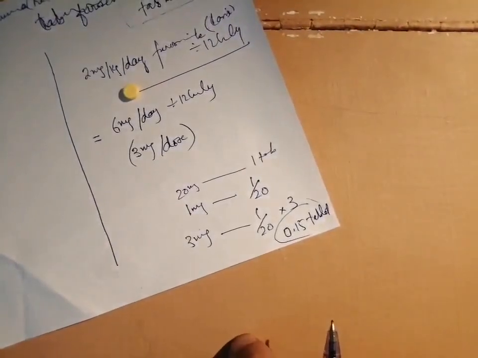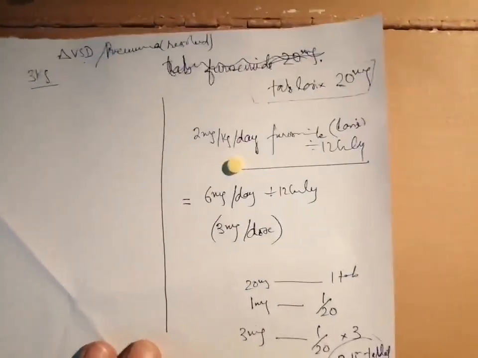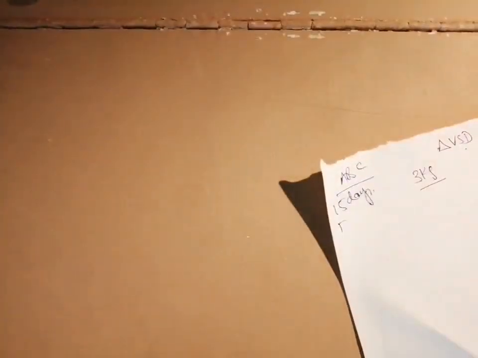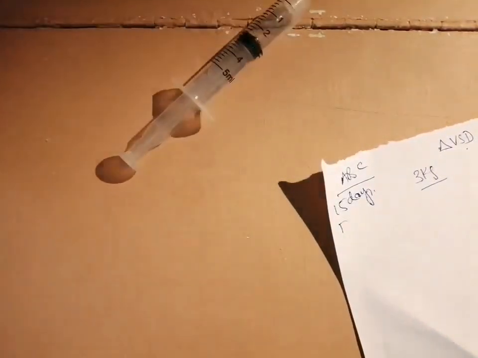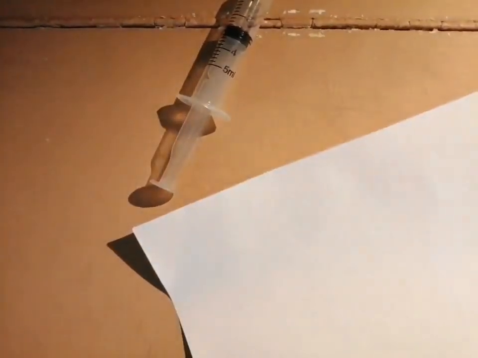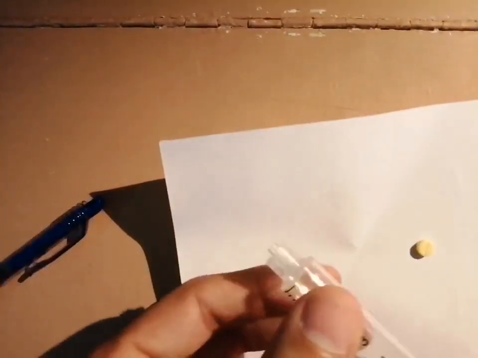The easiest way to do that is, let me get paper. The easiest thing to do would be to first make powder of that tablet, pour that powder into a syringe.